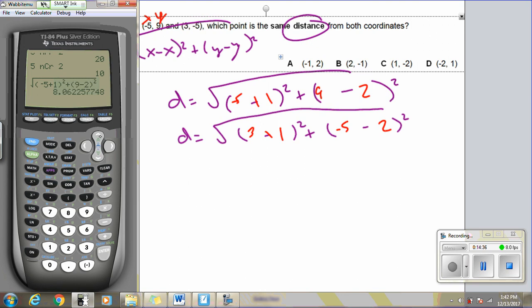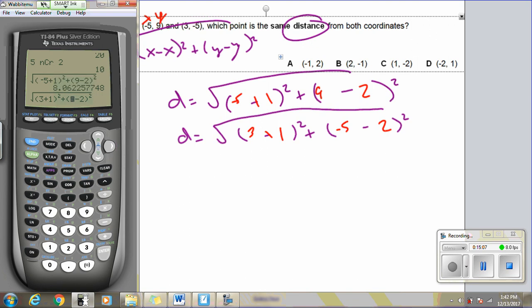Now, I don't want to retype all that over again. I just want to change those first two numbers in both sets of parentheses. So I would arrow up to highlight and hit enter to drop it down. Then go all the way over, delete the negative sign and type 3, and then all the way back over.